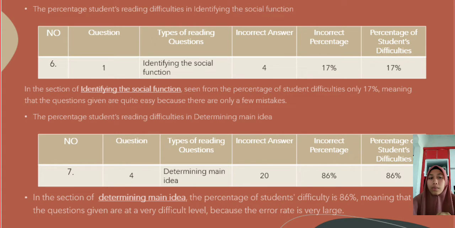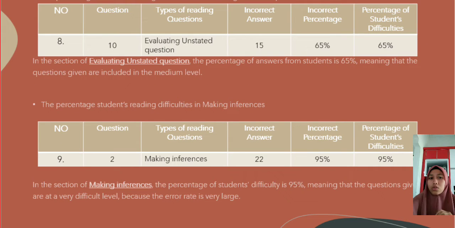In this section, the percentage of student difficulty is 86%, meaning that the questions given are at a very difficult level because the error rate is very large. And the next is evaluating unstated questions. The percentage of incorrect answers from students is 65%, meaning that the questions given are included in the medium level.